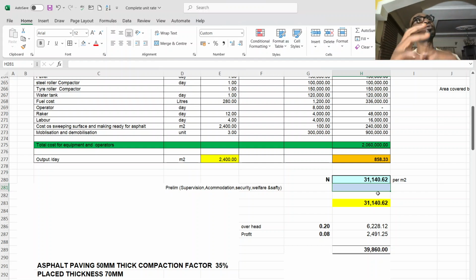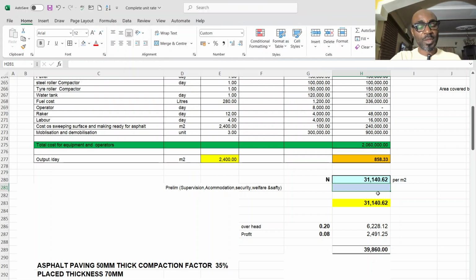Normally it's very ideal that the preliminaries be dealt with in isolation, so that in case the issue of claims arises, it will be easier to handle than building up your rate into the unit rate. Then it becomes a subject of discussion how to convince your client that this is the actual cost for prelims from the cost of material and the equipment that you're going to use.